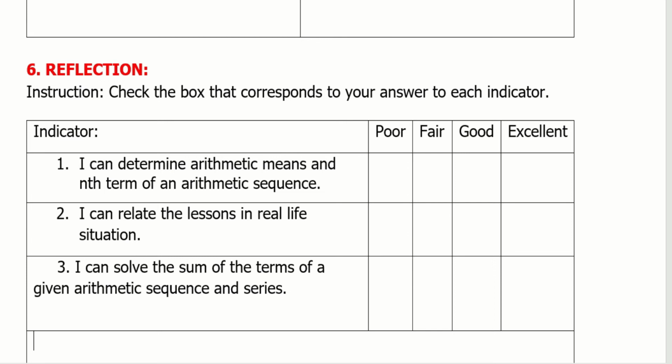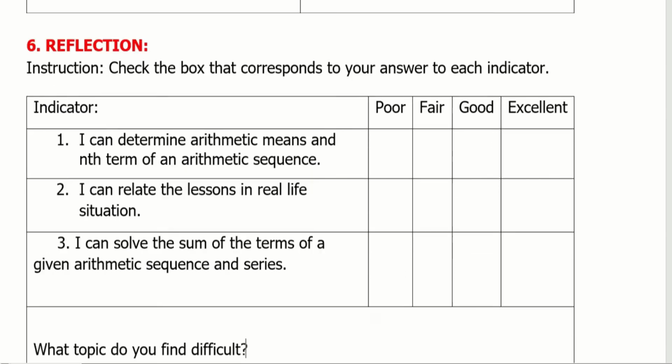Do the students relate it in the real life situation? So they are going to answer if they relate it in real life. It may be good, excellent, poor, and fair. So as with number 3, I can solve the sum of the terms of a given arithmetic sequence and series.